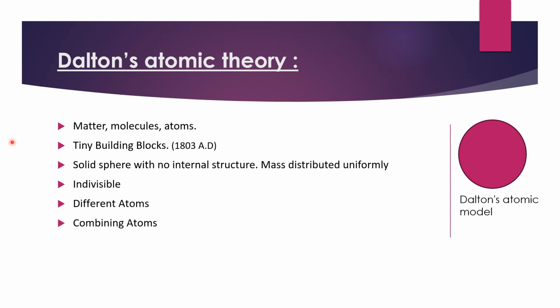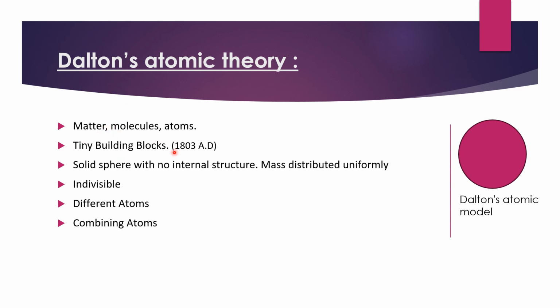The British scientist John Dalton proposed his atomic theory, and as per his theory, everything in the world is made up of extremely small particles which are known as atoms. These atoms are the building blocks of everything around us.